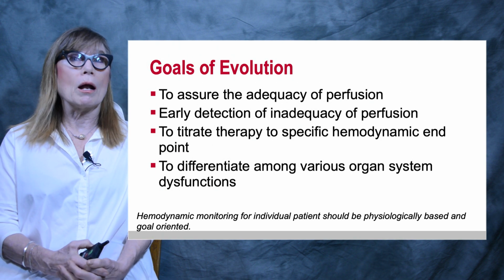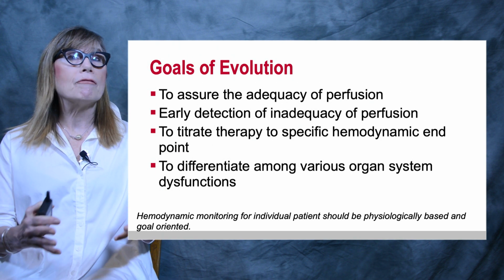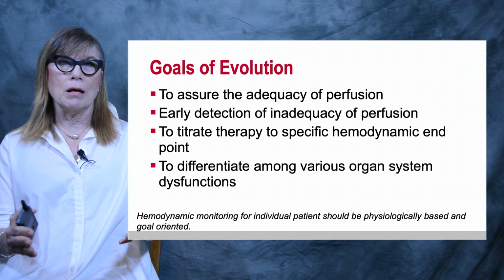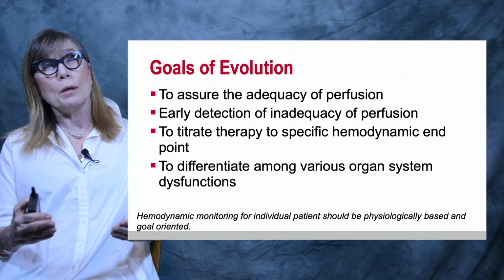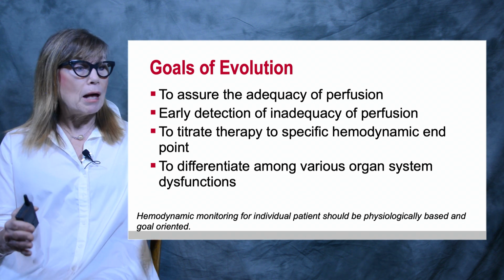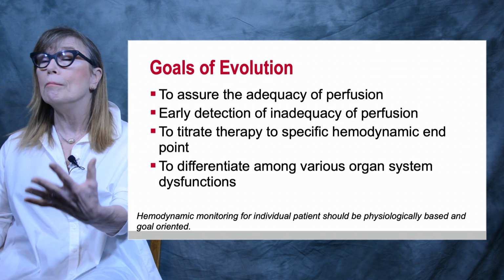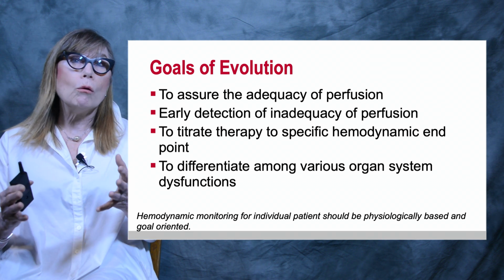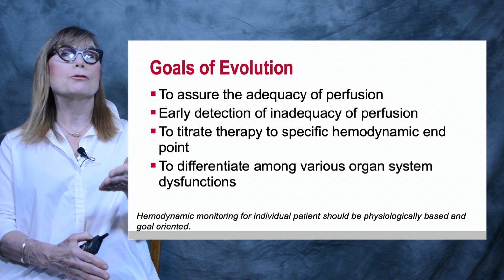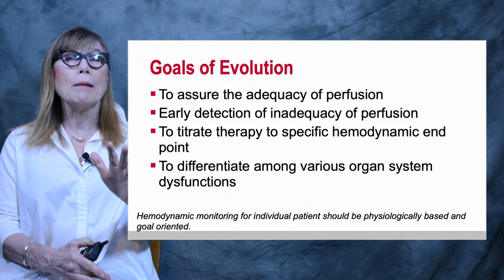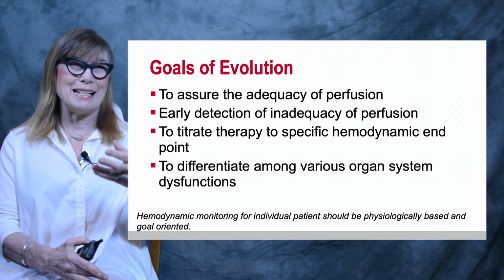Now, what we want to remind ourselves is that everything we do is about assuring adequacy of perfusion, and our goals will always be how to detect that perfusion is poor or that perfusion is too much perfusion. Those goals help us to determine how to titrate our therapy to specific hemodynamic endpoints as well as organ issues.